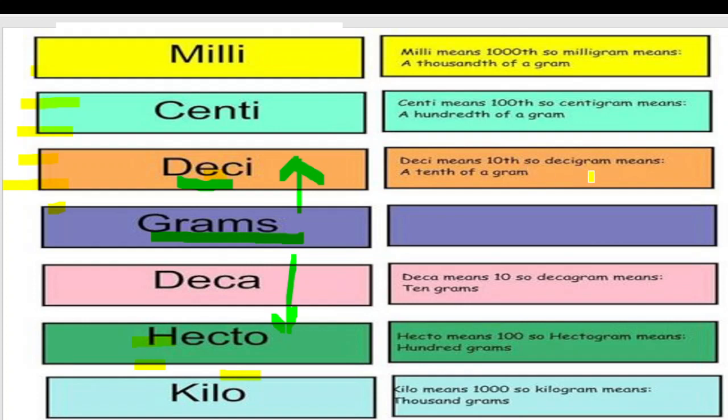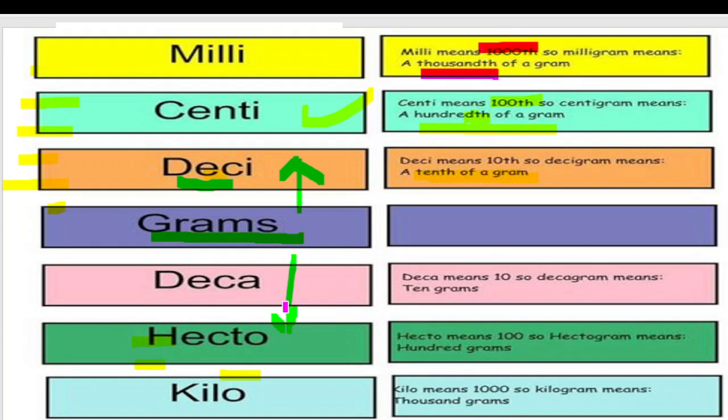So decigram means a tenth of a gram. Then centi means hundredth. So centigram means a hundredth of a gram. Milli means thousandth. So milligram means a thousandth of a gram.